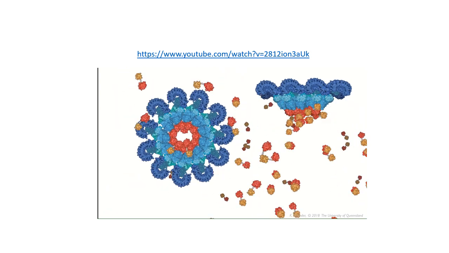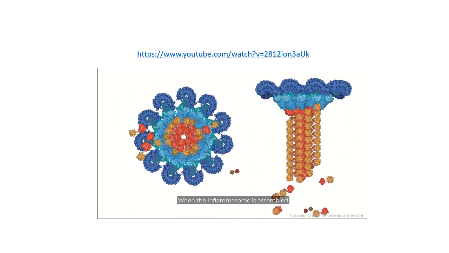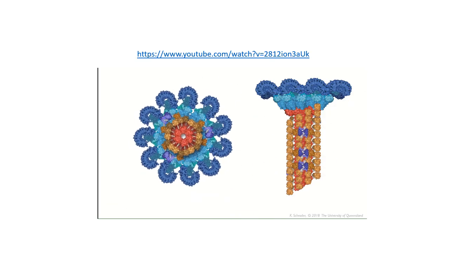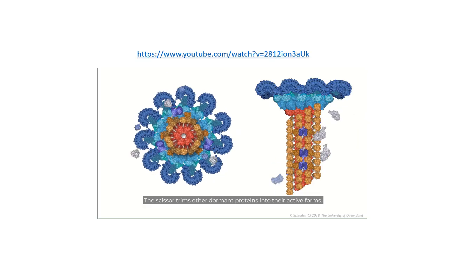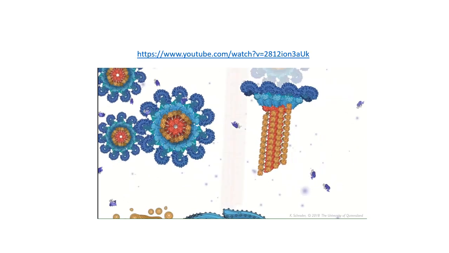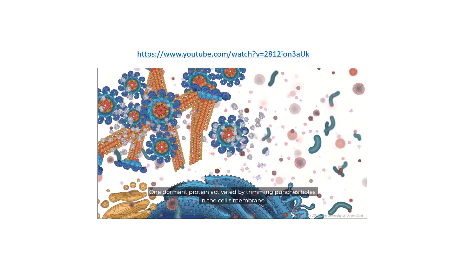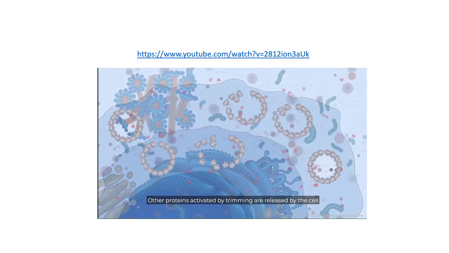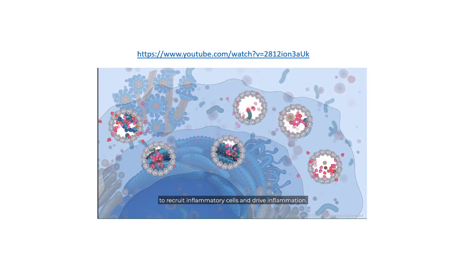Inflammasome is assembled. It activates a type of molecular scissor that converts other dormant proteins into their active forms. One dormant protein activated by trimming punches holes in the cell's membrane. Other proteins activated by trimming are released by the cell to recruit inflammatory cells and drive inflammation.